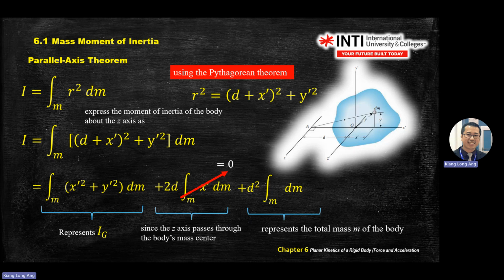The first component is x comma square plus y comma square dm. This represents the center of gravity inertia, which is what you learned in your statics chapter. The second one, 2d times x prime dm: because the x-axis passes through the body's center of mass, there is no inertia. Then this one represents the total mass of the body, dm.